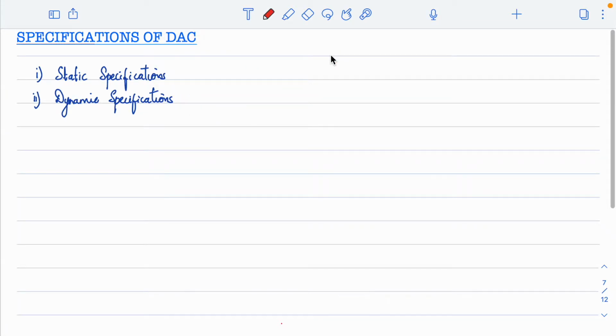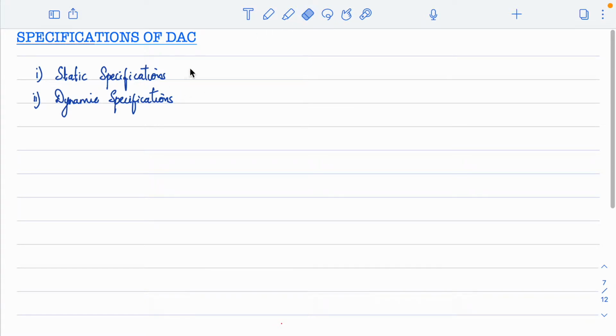yesterday in the case of DAC, we saw how the characteristics of a DAC look, right? When your input digital word changes, how analog output voltage is generated, and we looked at the input output curve.